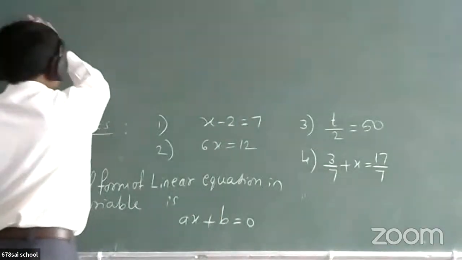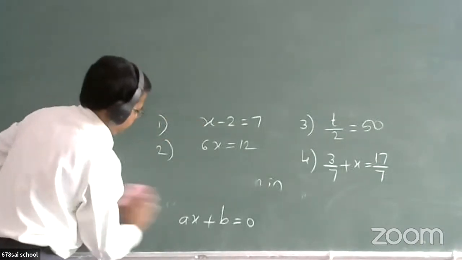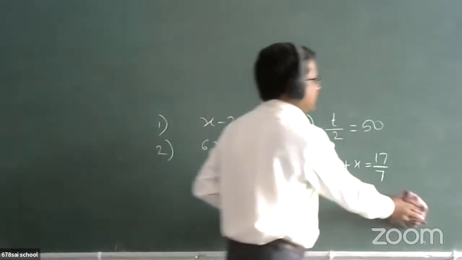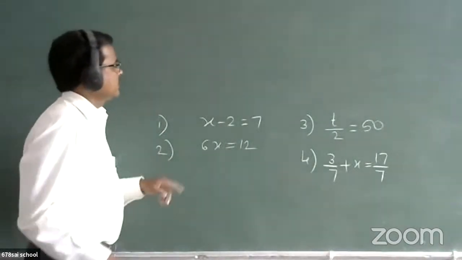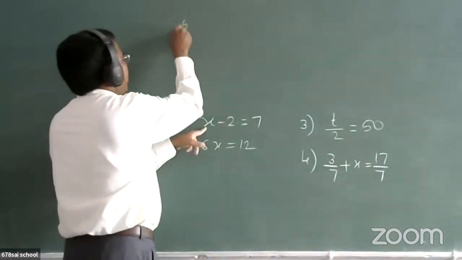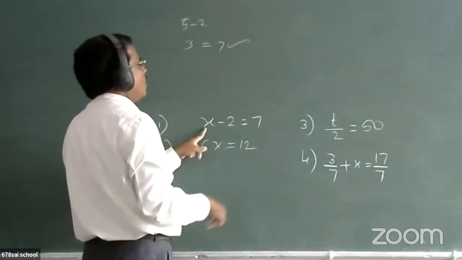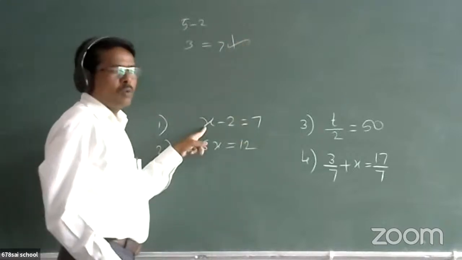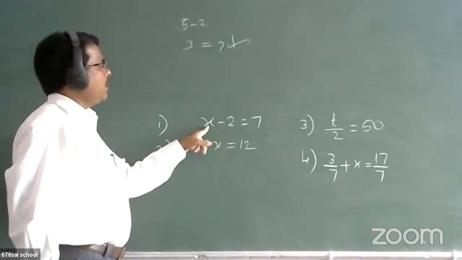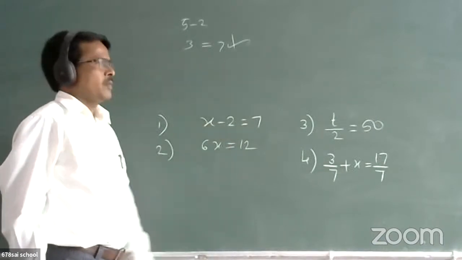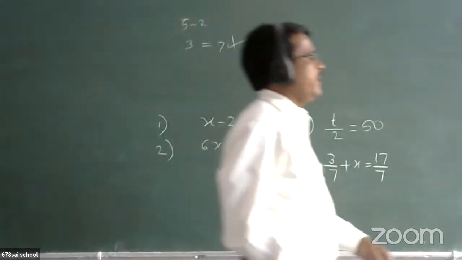Now tell me, can anyone tell me directly what should be the value of x here? First equation. What should be the value of x here? 5. If it is 5, 5 minus 2 is how much? 3. 3 equal to 7, is it true? No. Number minus 2 should be 7. Who else wants to tell? Be fast.